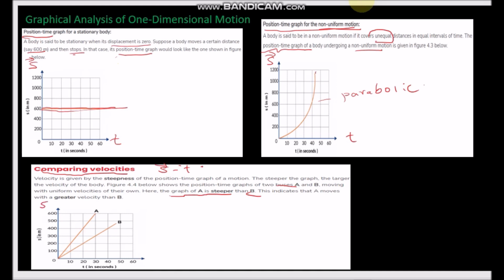That means from this displacement time graph we can calculate the velocity.